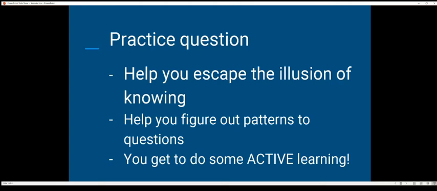The illusion of knowing, I love that. It's like I know it really well, I studied it all night, and then you take the test and you messed up, for lack of a better word. So practice questions really help you not have that feeling that you know something when you really don't.